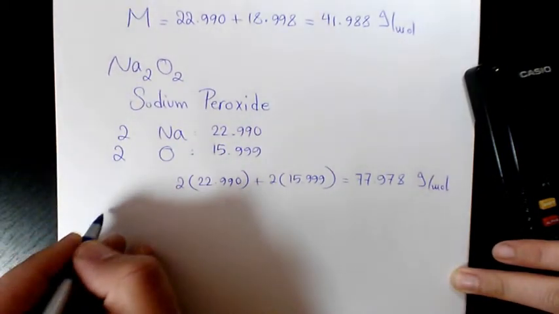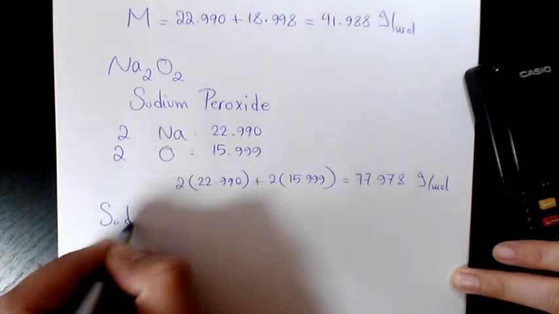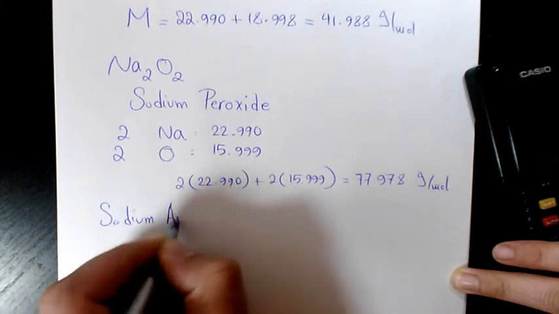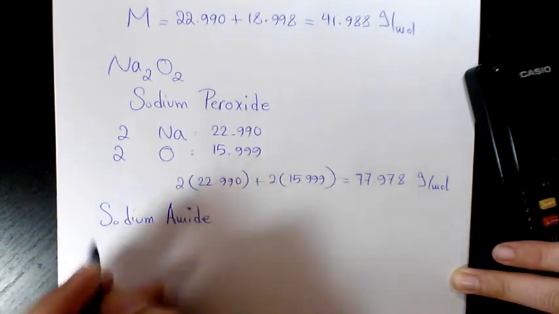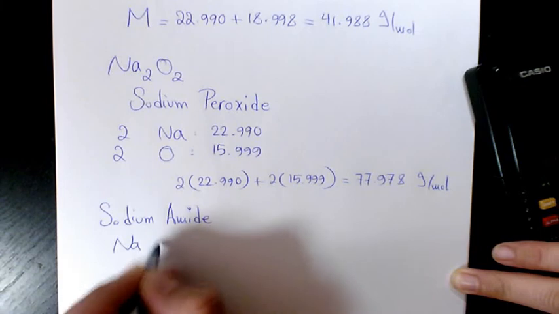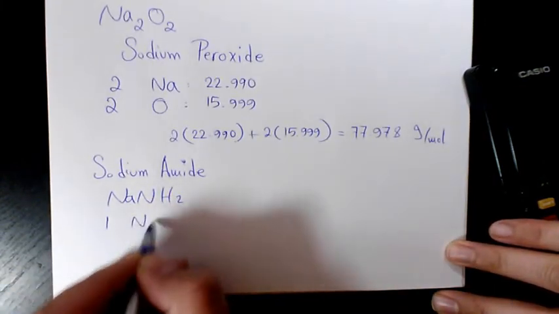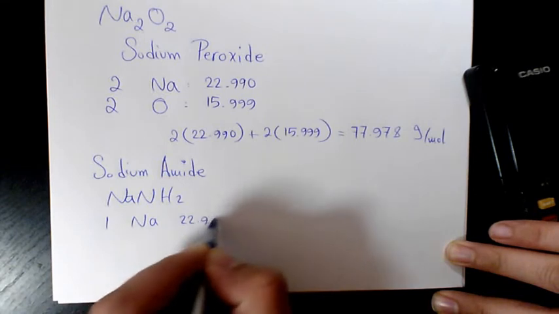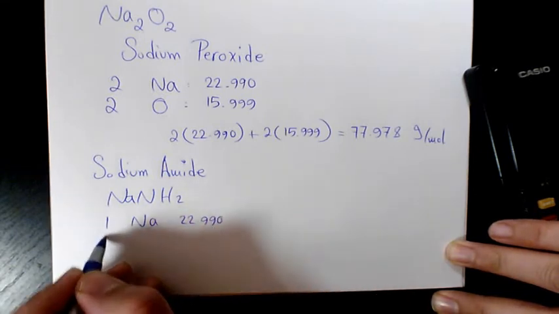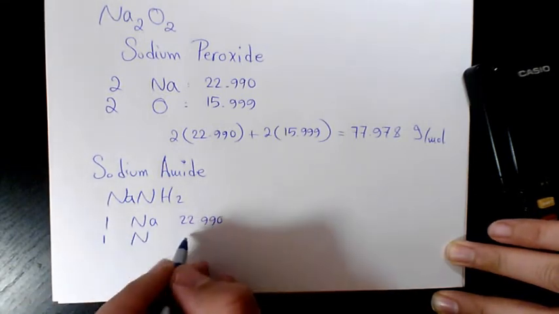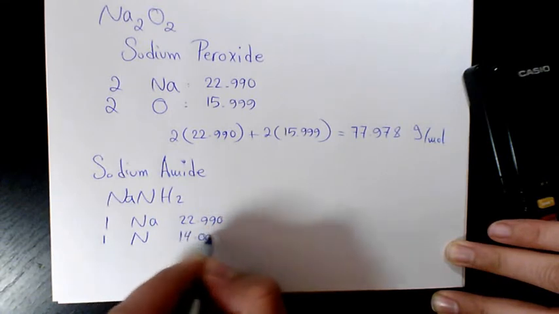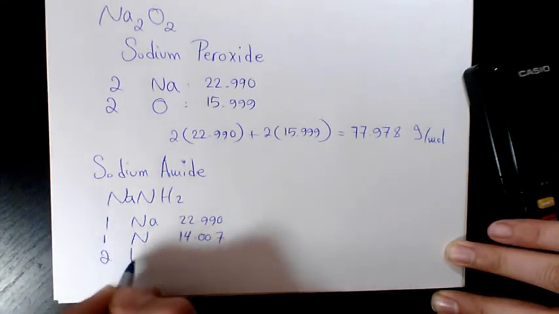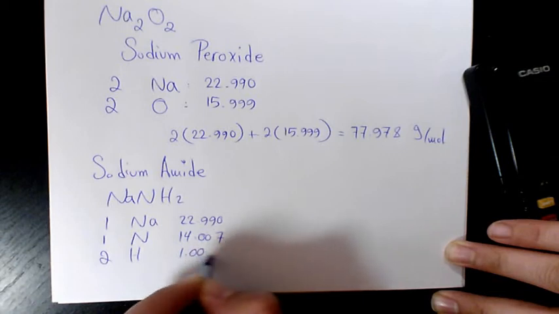Next one is going to be sodium amide, which is NaNH2. We have 1 atom of sodium, which is 22.990, 1 atom of nitrogen, which is 14.007, and 2 atoms of hydrogen, which is 1.008.